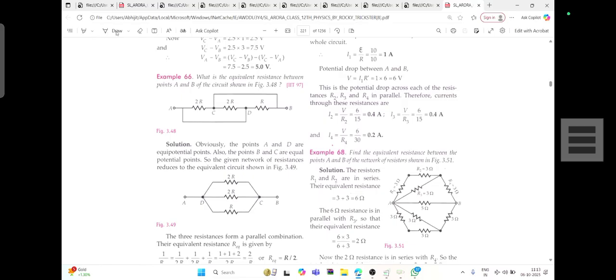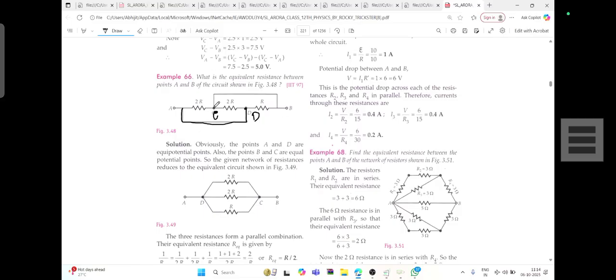You can assume a point P here, and this is point C, and this is point D. For this circuit, you can assume points A and C are the same point, because the potential difference between A and D is 0.